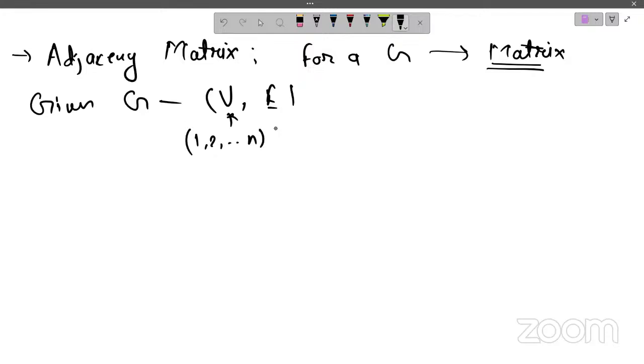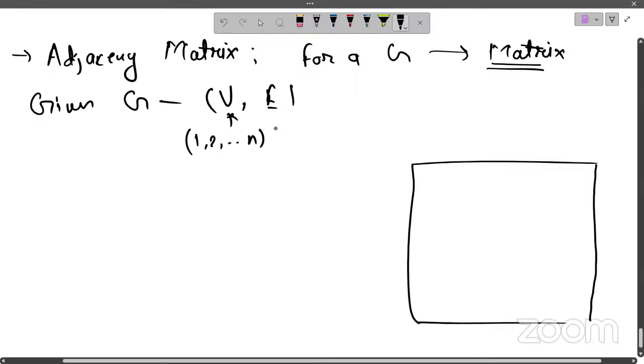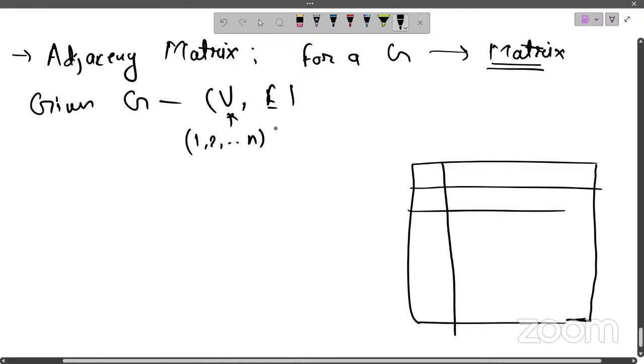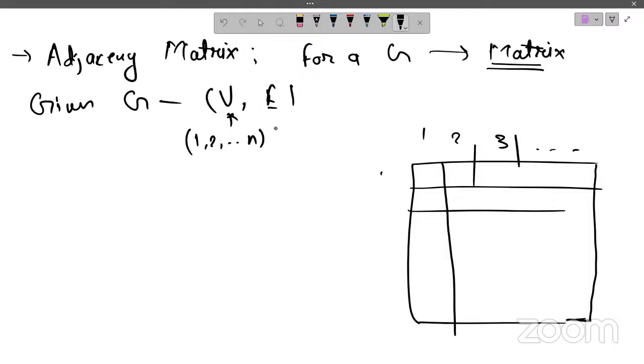So I'll form an n by n grid, in which I'll label the columns for vertex 1, 2, 3, and so on, and again 1, 2, 3, and so on. Now I have n square boxes, so this could be expressed as an n cross n matrix.